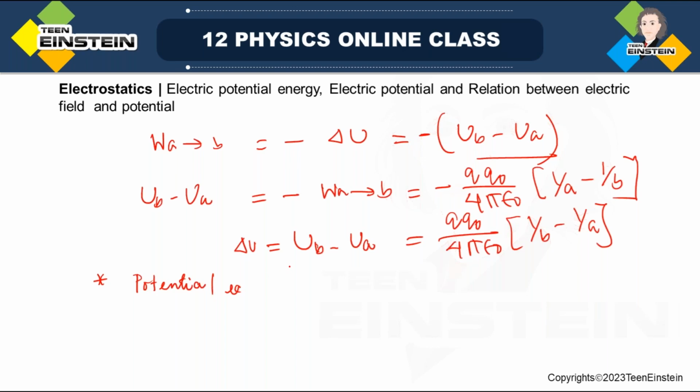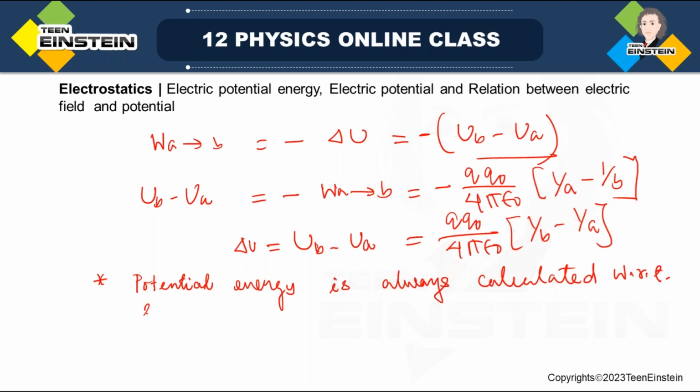Potential energy is always calculated with respect to some reference.